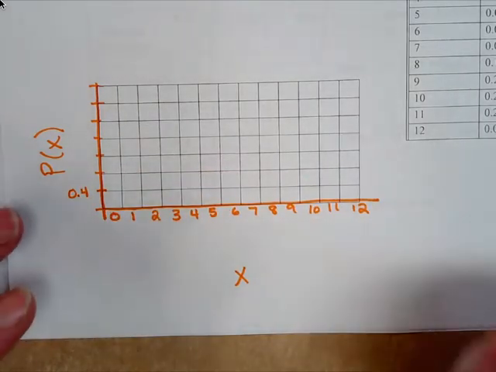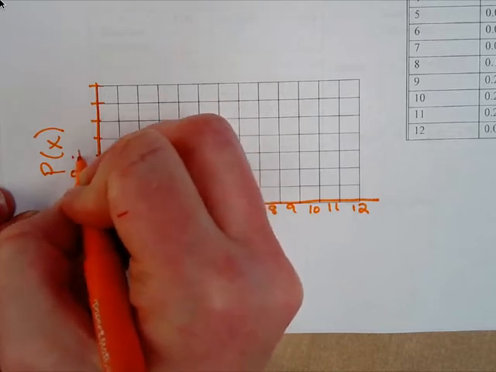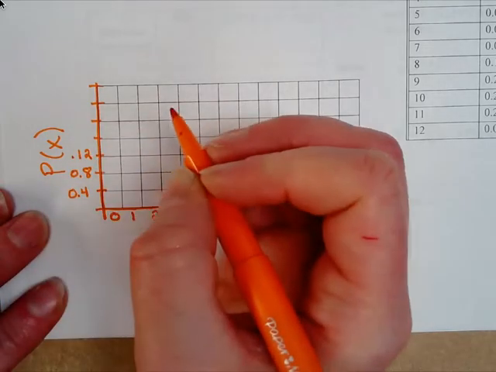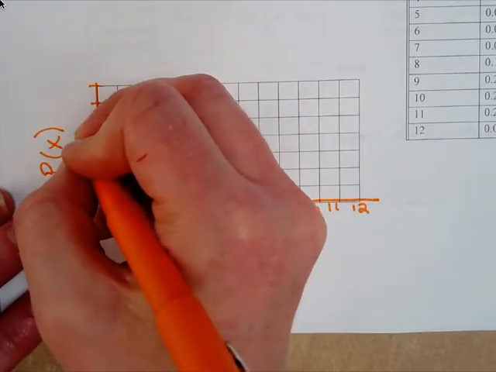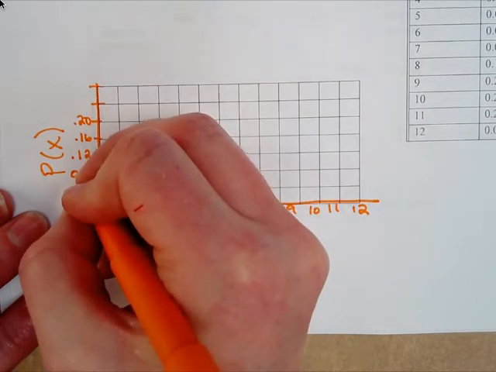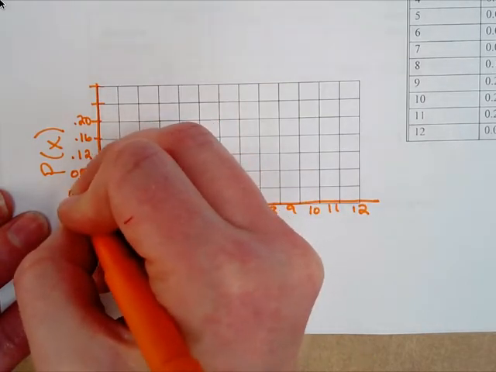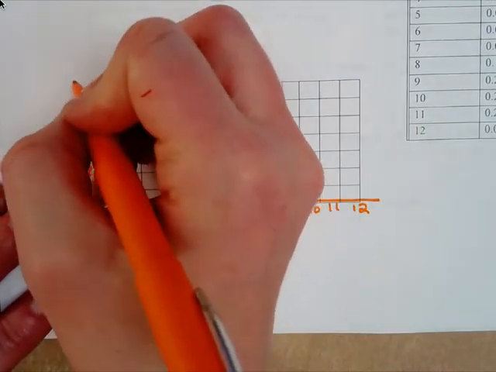Or you can go by 0.05. I'm going to go by 0.04. Then 0.04, and then 0.24 and 0.28.